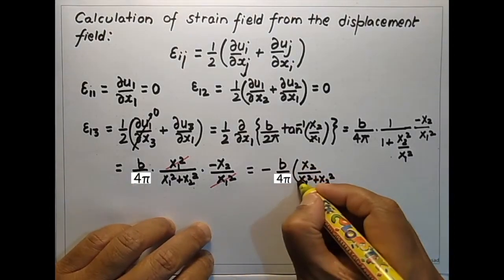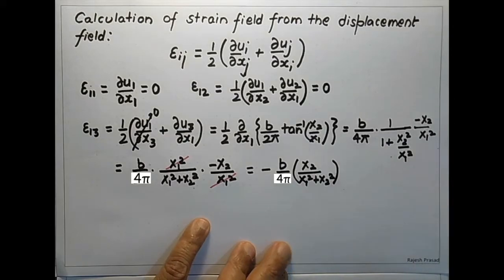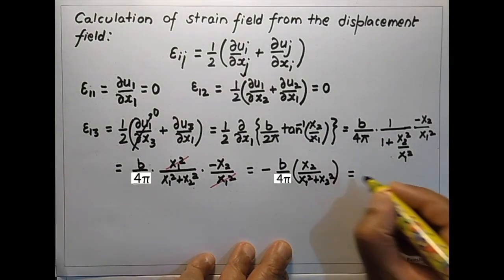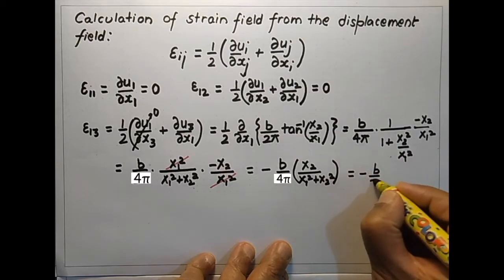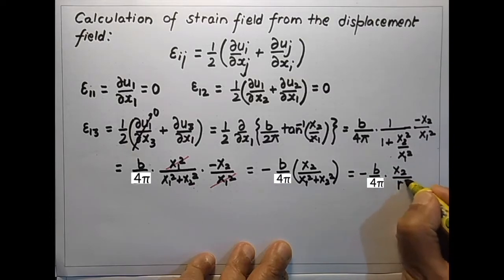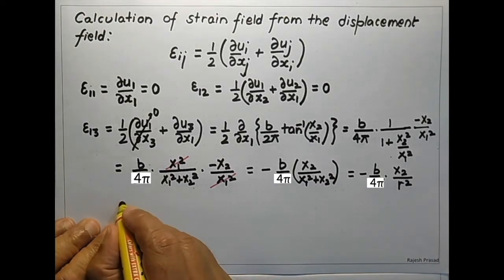Sometimes it is convenient to write the terms in this expression in terms of the polar variables. So let us try to do that. So I write b by 2 pi, x1 square plus x2 square in polar variable is r square. So x2 by r square.